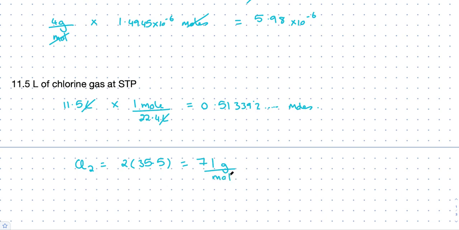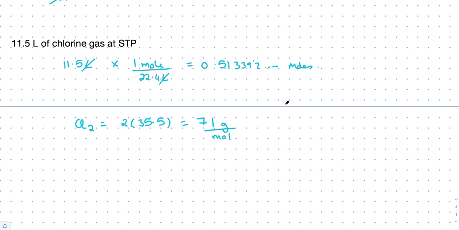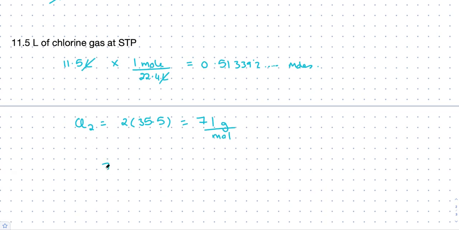But in the question, I don't have 1 mole. I've got 0.513392, it keeps on going. So what we need to do now is use this combined with this. And how do we combine the two of them? Well, we track the units. If you keep track of the units here, you want to get rid of the moles, and you just want to have grams.